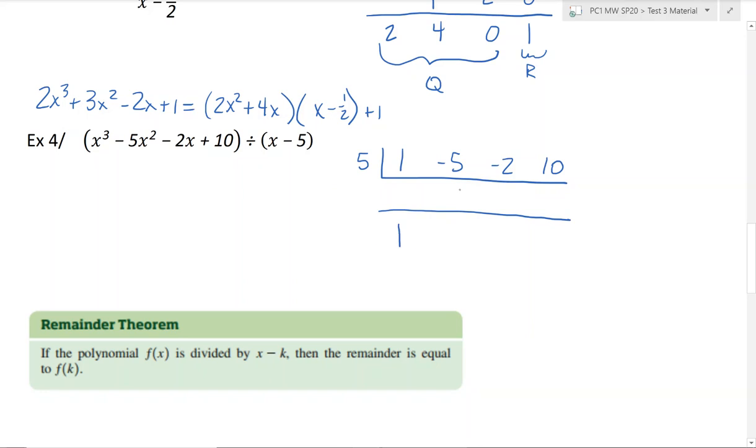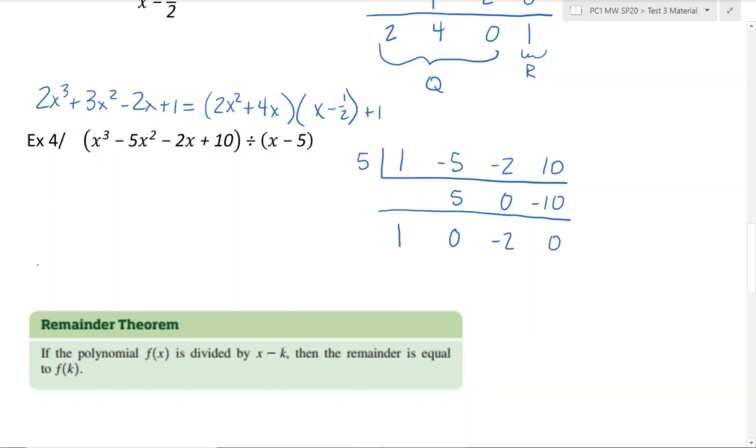1 times 5 is 5. Combined down is 0. 0 times 5 is 0. Combined down is -2. -2 times 5 is -10. Combined down is 0.